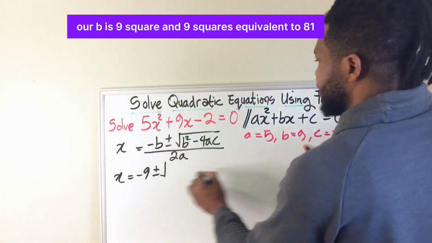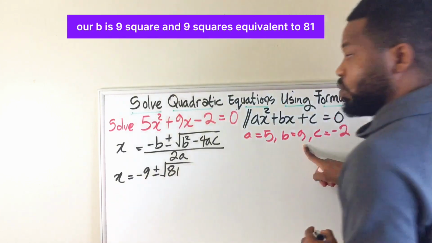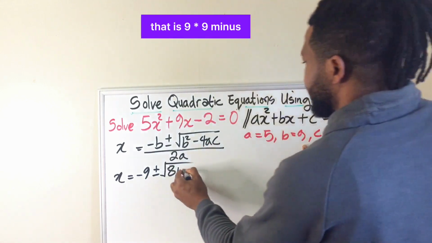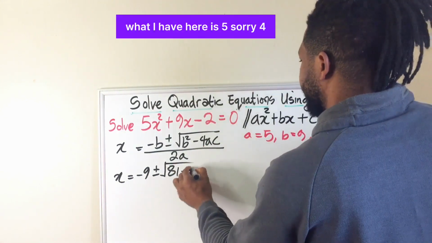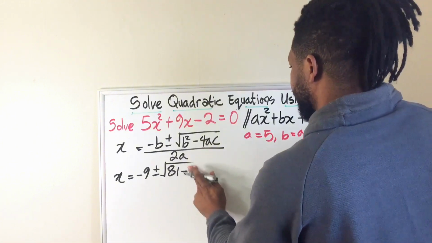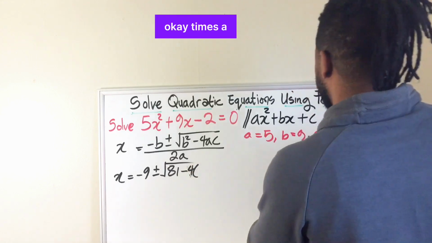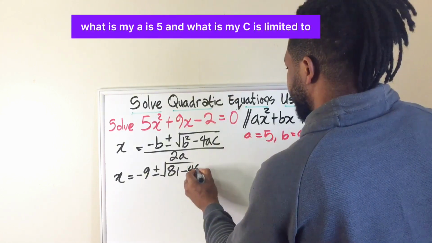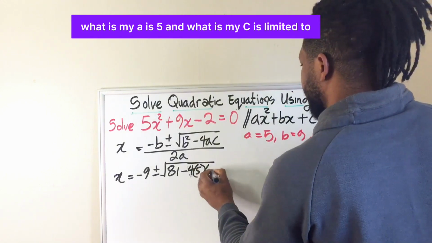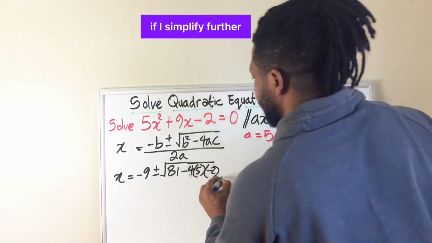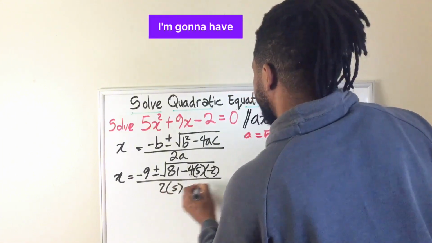Our b is 9, and 9 squared is equivalent to 81, that is 9 times 9, minus 4 times a. What is my a? It is 5, and what is my c? It is negative 2.